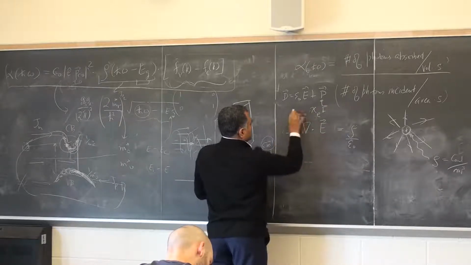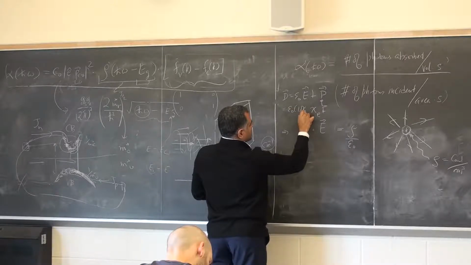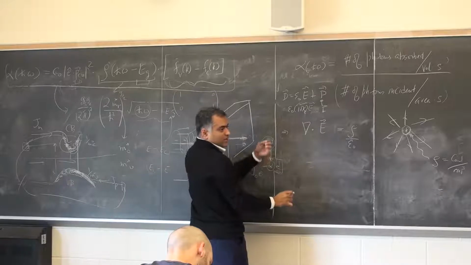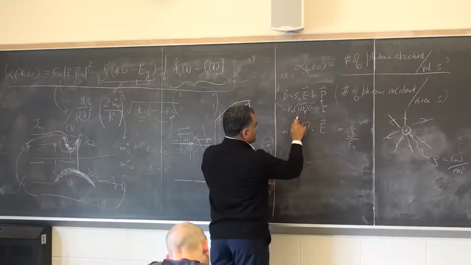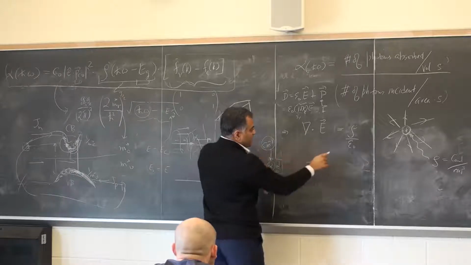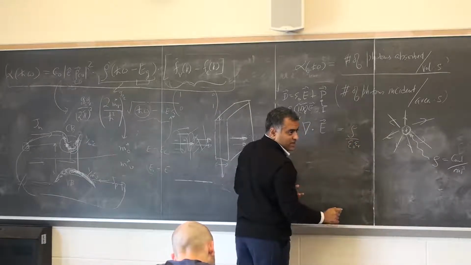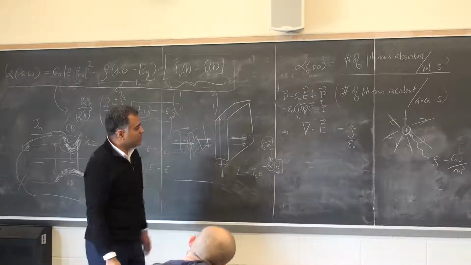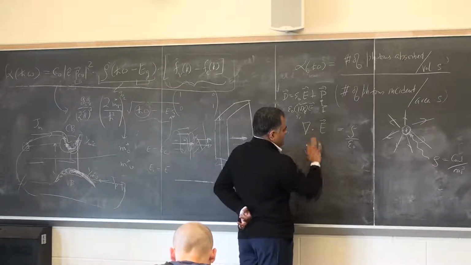So if I write all of this together, I should have epsilon naught times 1 plus susceptibility times the electric field, and that's what we call the relative dielectric constant. If I have atoms in the way that can screen the electric field, that's your relative dielectric constant. So in general, if I have a material, then I should have the relative dielectric constant here as well. I'm just writing light as in vacuum for now. So that's the first Maxwell equation, or Gauss law.